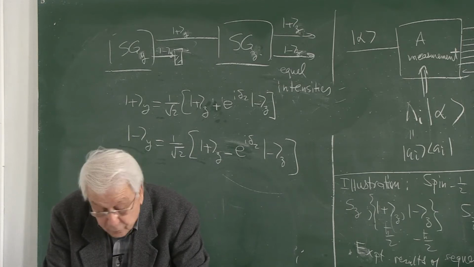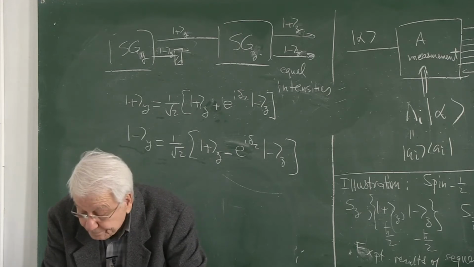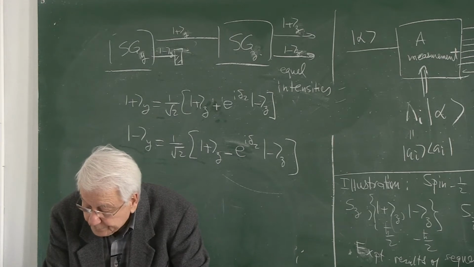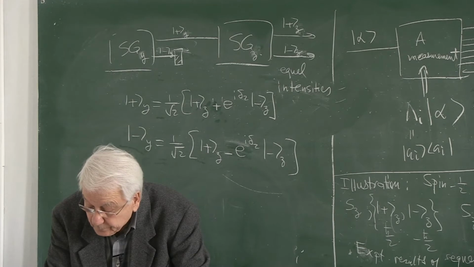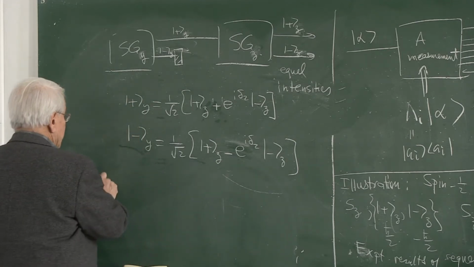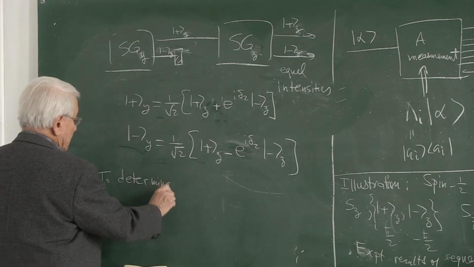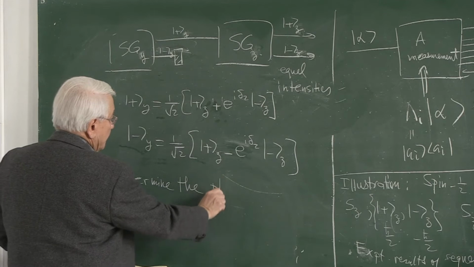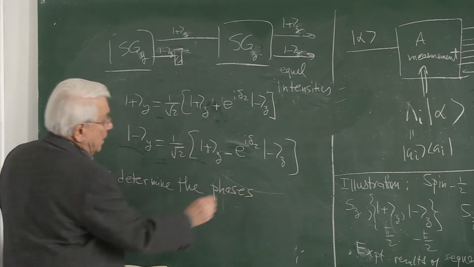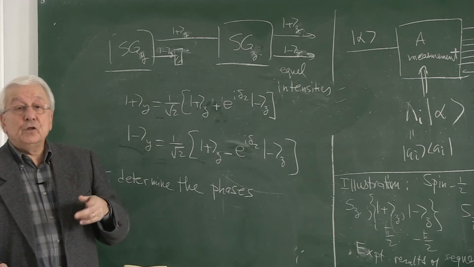Or do we have to have those phases arbitrarily sticking around? To determine the phases now, we have to check whether there is any other information that we have not used yet.